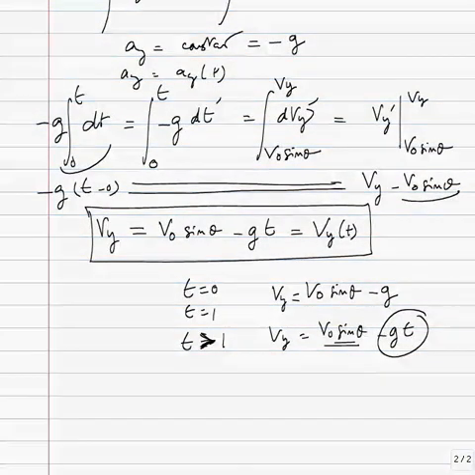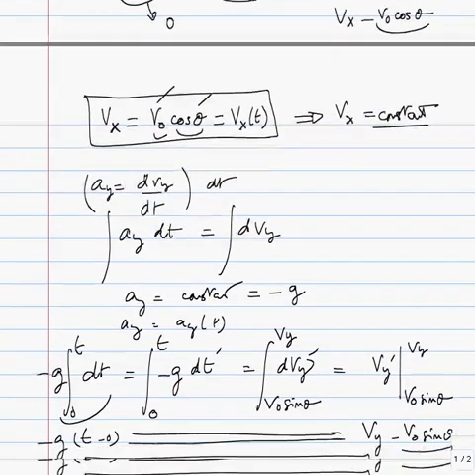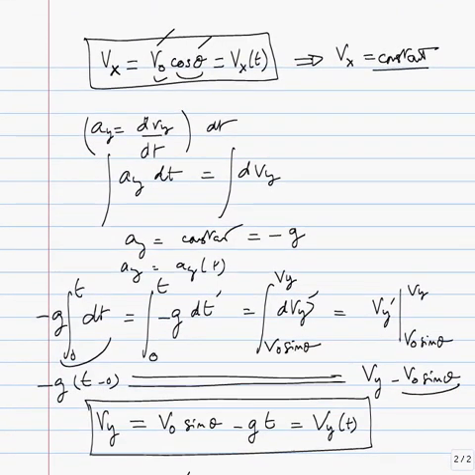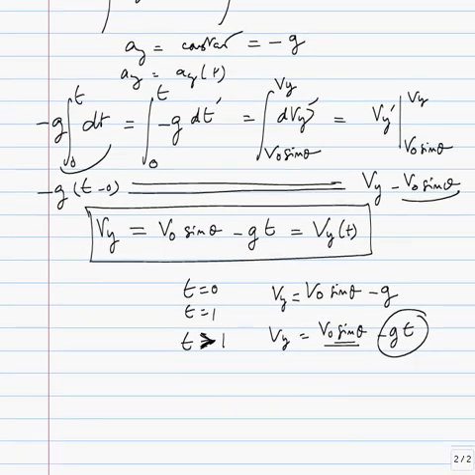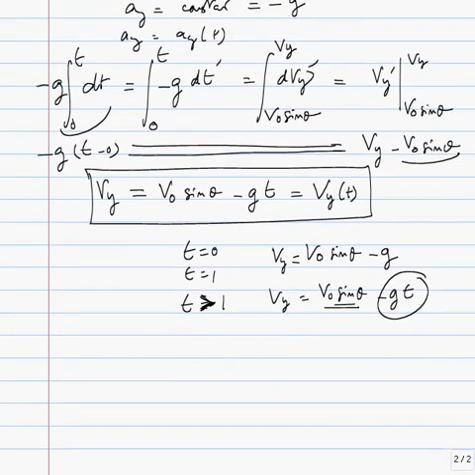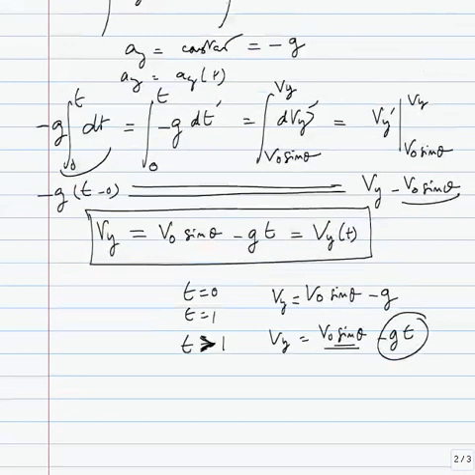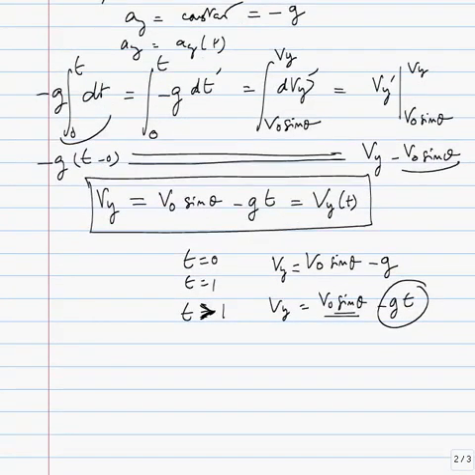Okay, so we've just derived the velocity functional form in the x and in the y direction. Let's keep going one more step, and let's obtain the equation of motion of the position in both x direction and y direction.